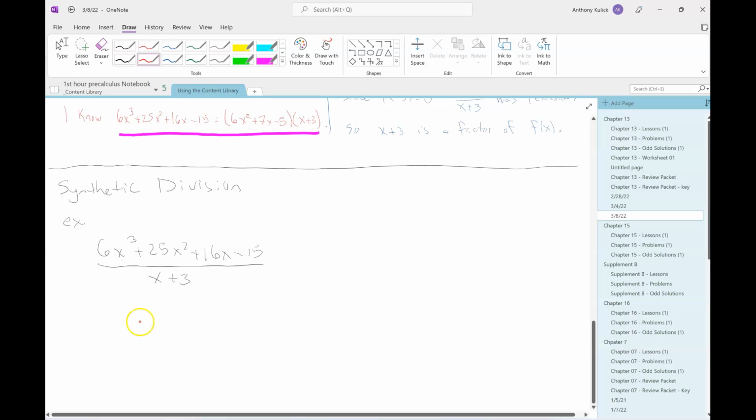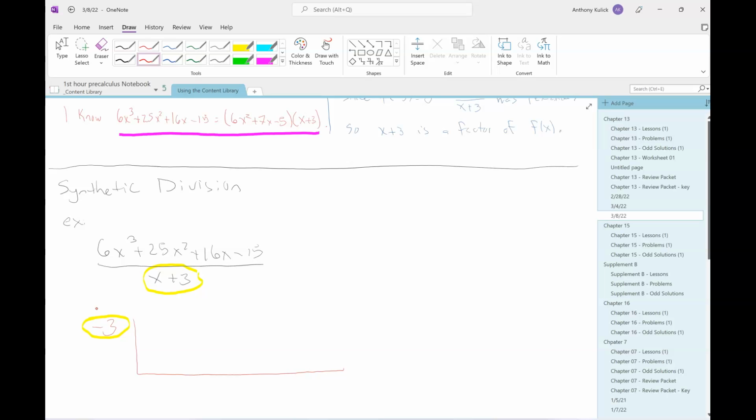All right. So the synthetic division setup starts with a bar that looks like this. This piece tells us what number goes out here, which is going to be the value for k, which in this case we saw was -3.